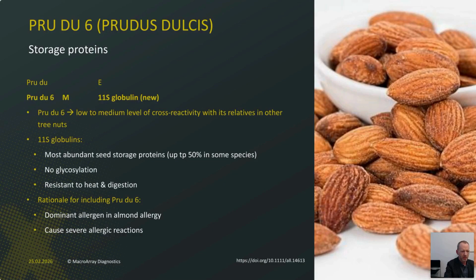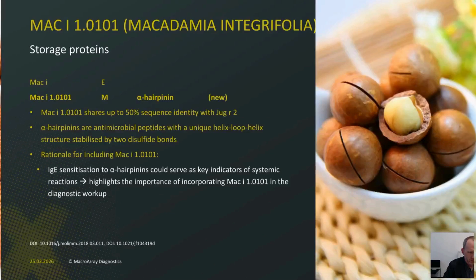As Pru du 6 is a dominant allergen in almond allergy and has been associated, again, with increased risk of anaphylactic reactions, it makes sense to add it to the platform. Also, almond butters and creams are being used increasingly in baking, as protein substitutes, etc.